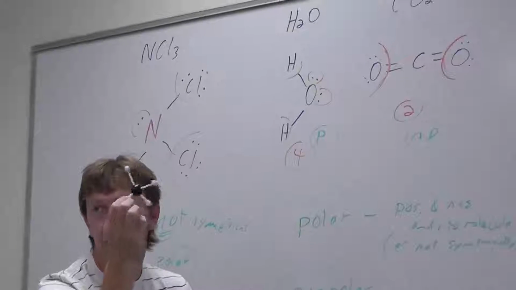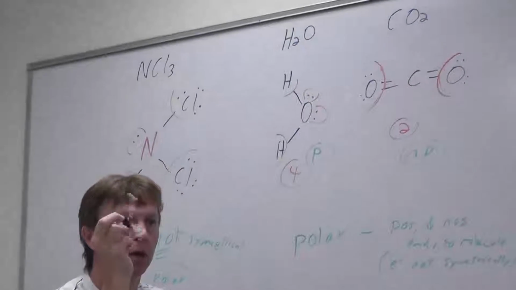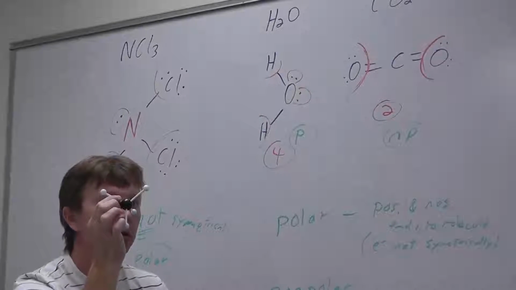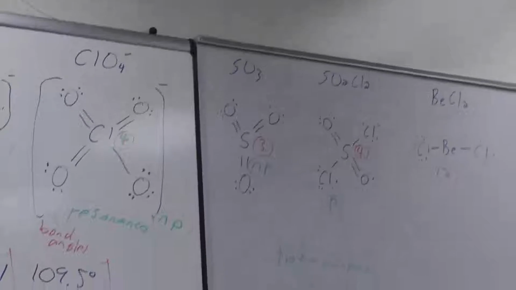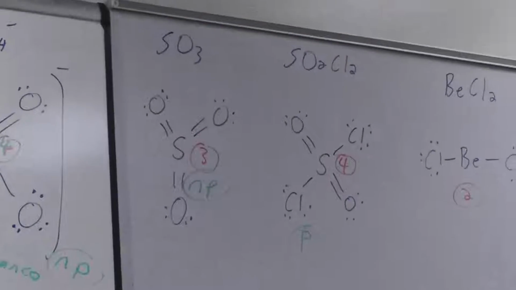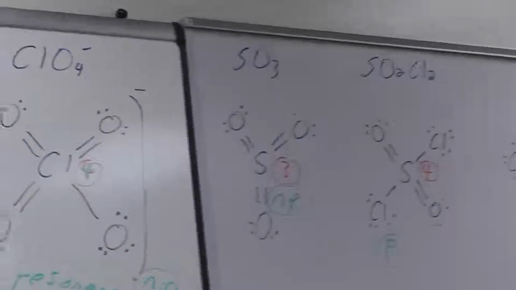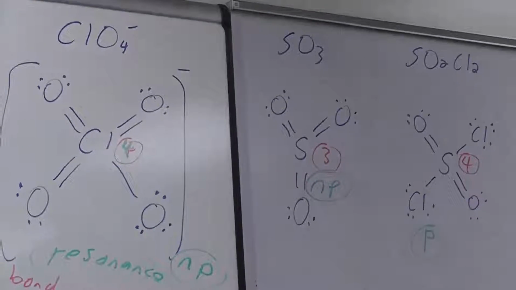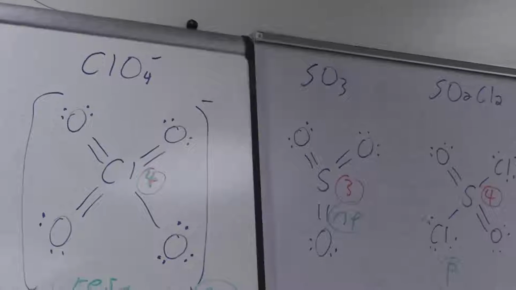If this tetrahedral is going to be nonpolar, then all four sites have to be identical. SO2Cl2, are all four sites identical? No. Therefore, that's polar. Two of these positions will be oxygen, and the other two will be chlorine. And there is no offsetting vector forces or anything like that.